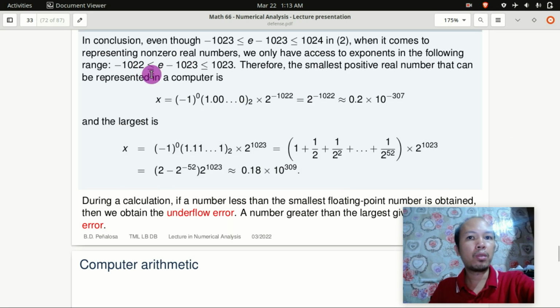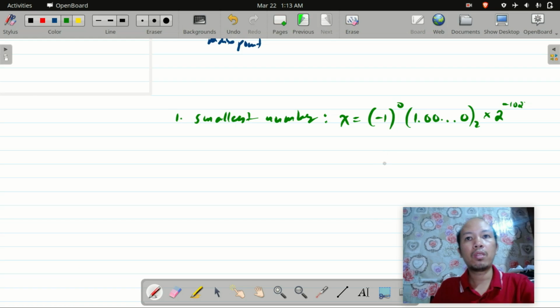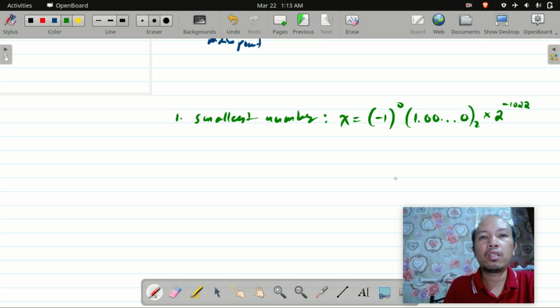Okay, 1022. So this is the smallest number.